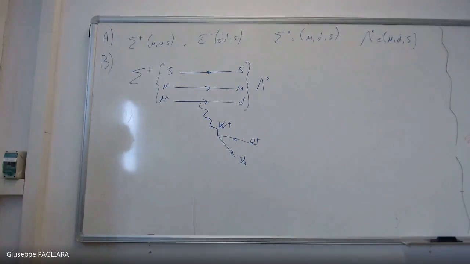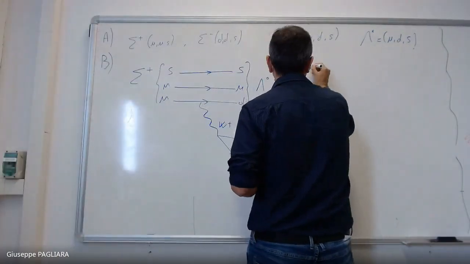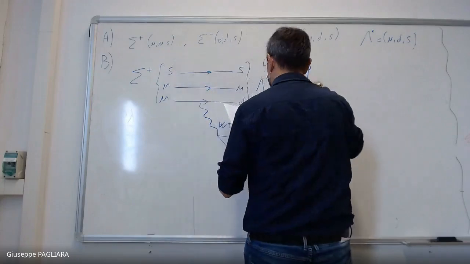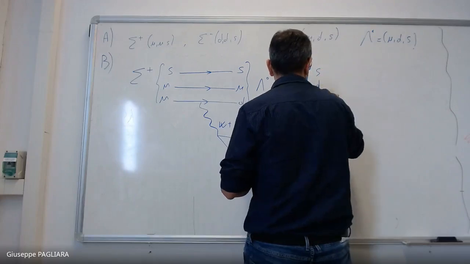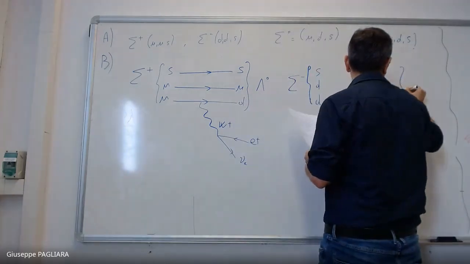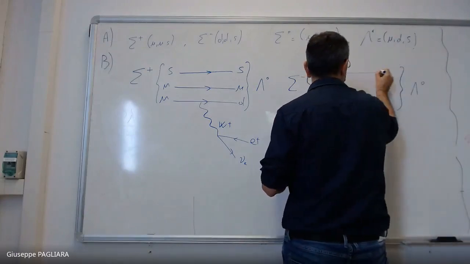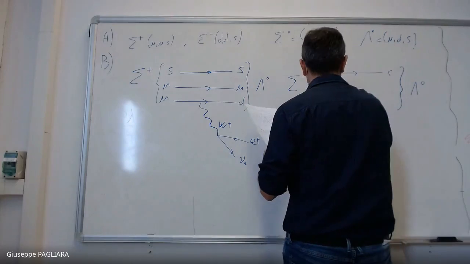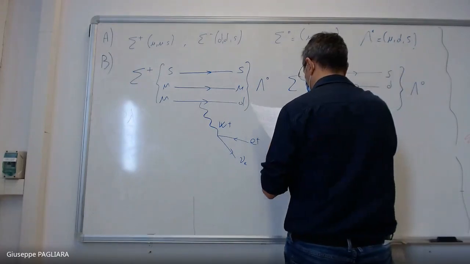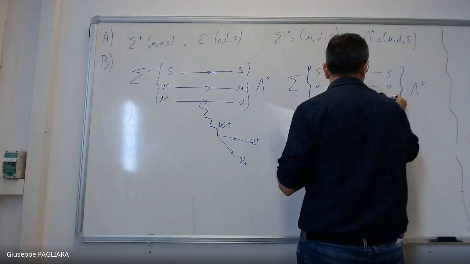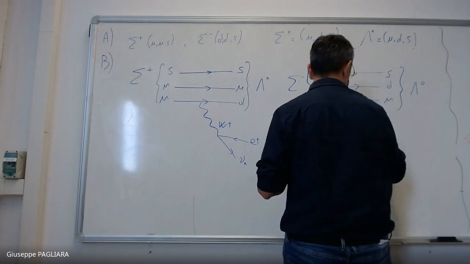Okay. Similarly now for the sigma minus. The sigma minus is a DDS. Again, we end up with a lambda 0. So strange remains strange, the D remains D, and now the D becomes U. This time with the emission of a W minus in order to allow for electric charge conservation.